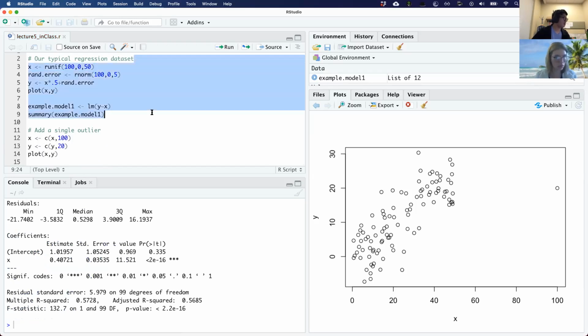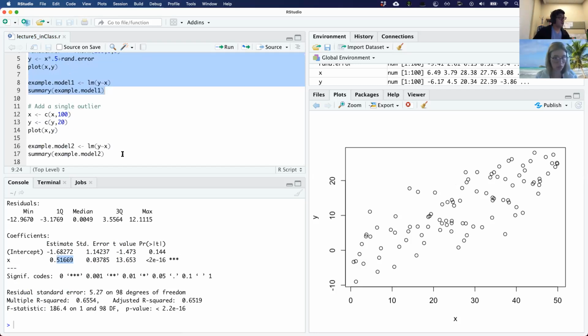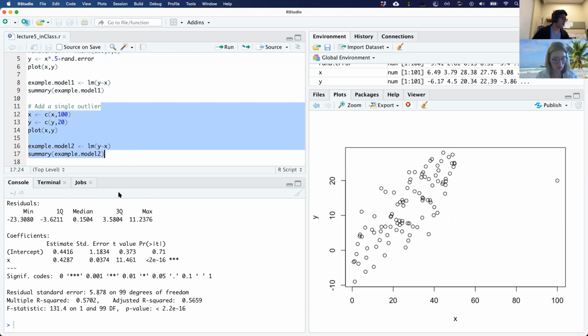The plot's probably going to look a little bit different. So here we are again. And we can see our estimate. Again, we know the true value of the coefficient is 0.5. So it's 0.51617, fairly close. And we can see what adding the single outlier ends up doing to my model.